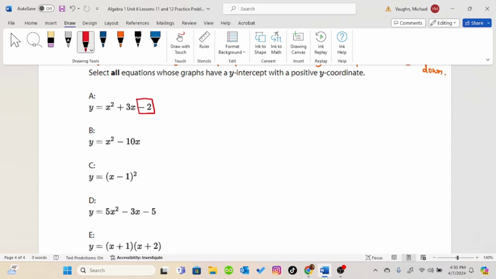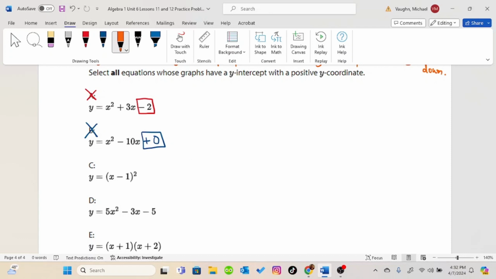So this is -2, so it does not have a positive y-intercept. B is also in standard form. What you don't see is a +0 for your number portion. 0 is not a positive number, so B is not a correct answer.